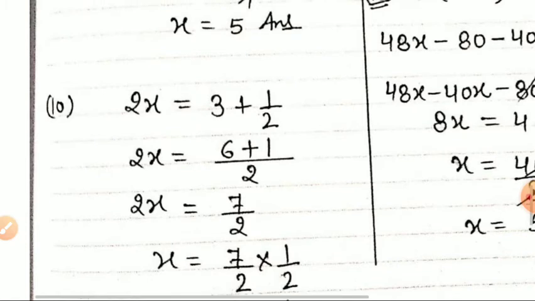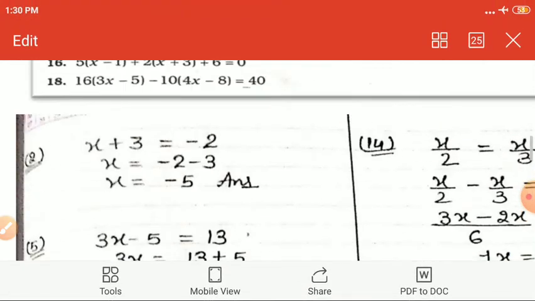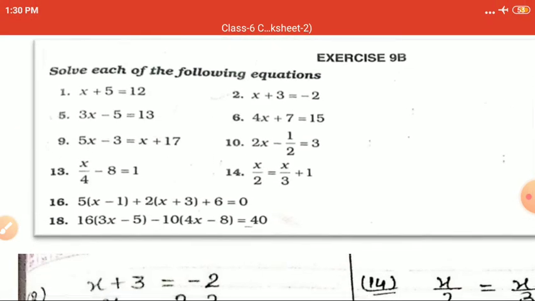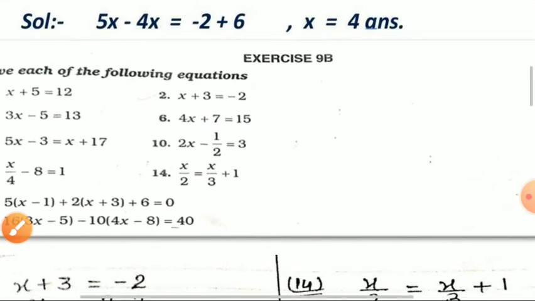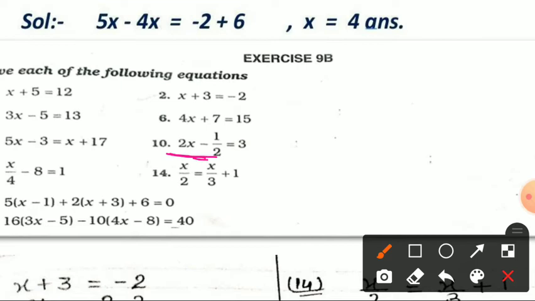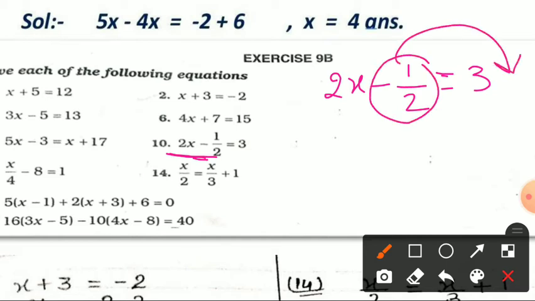Now a question based on fractions, which is very important. Look at this question: 2x minus 1 by 2 equals 3. We know very well that we have to shift this number to the other side because the numerical terms will be together. So 2x remains here, 3 will be there, and negative 1 by 2 becomes positive 1 by 2 on the other side.